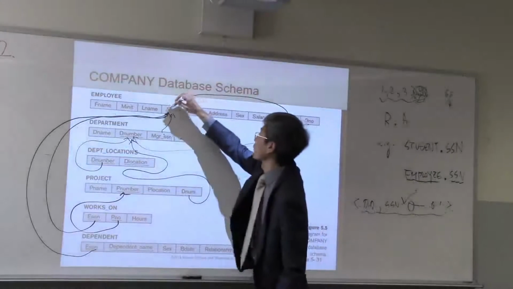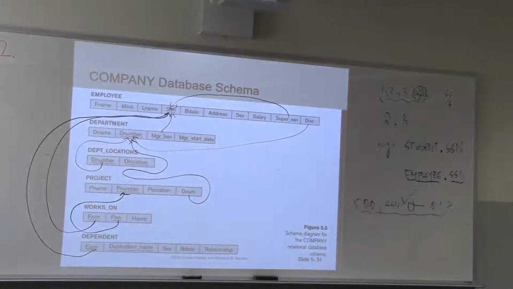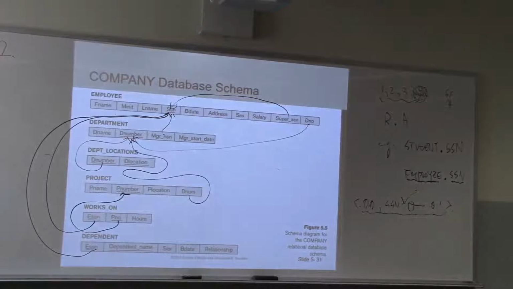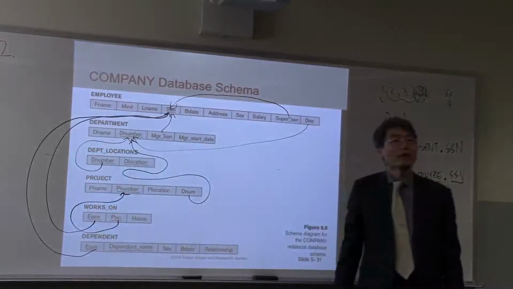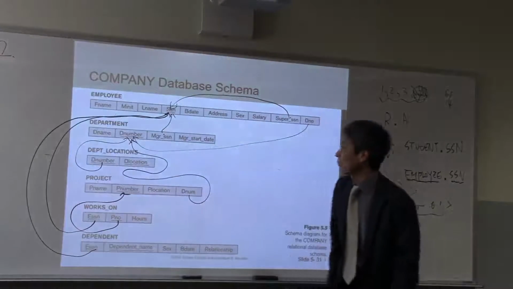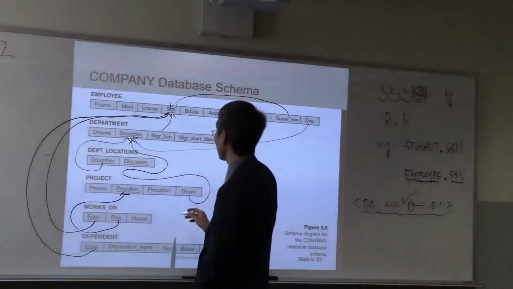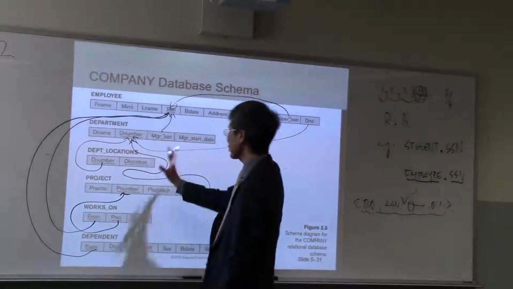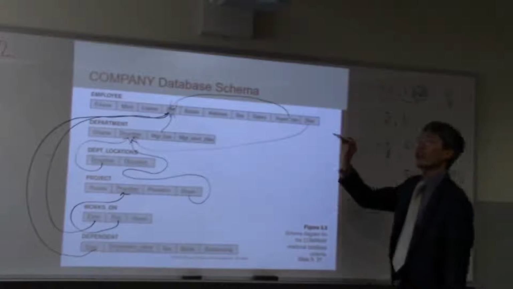This is also possible. Just like the self, do you remember the ER modeling? In the ER modeling, the self-referenced relationship. So supervisor, same thing. This super SSN should refer to the SSN in employee. Somebody may be curious. I think that's pretty much it. Okay. That is called referential integrity.